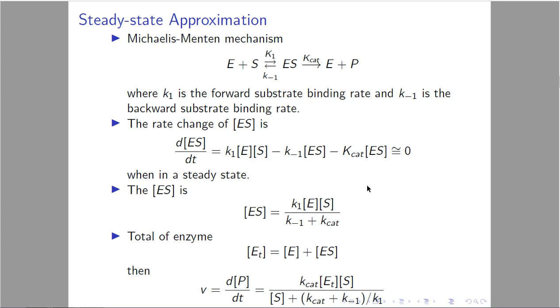Okay, so the total enzyme is E_T equal to E plus ES, the free enzyme plus the substrate-enzyme complex. The rate of production of P is equal to k_cat E_T S over S plus (k_cat plus k_minus1) over k1.